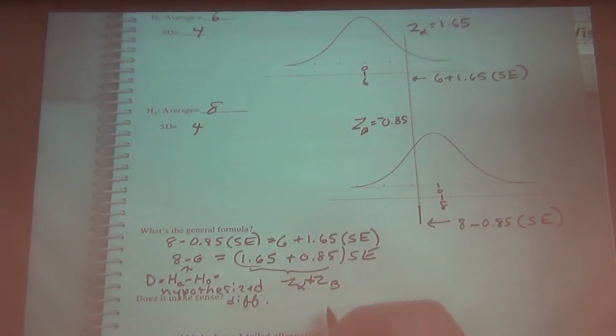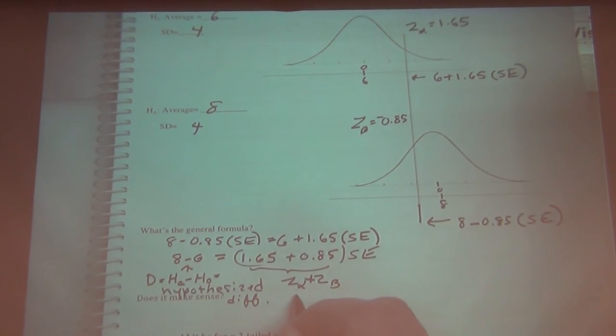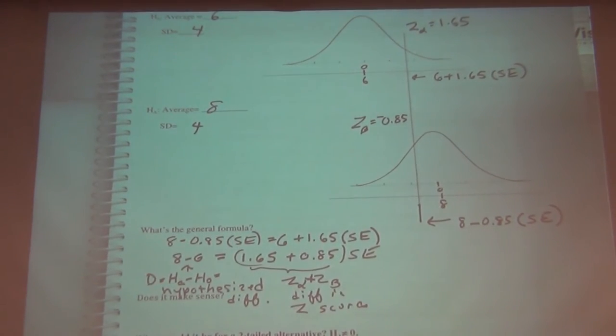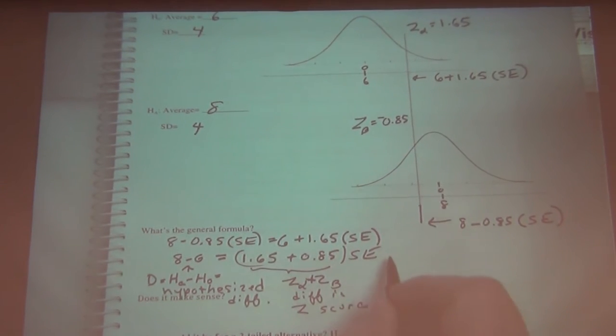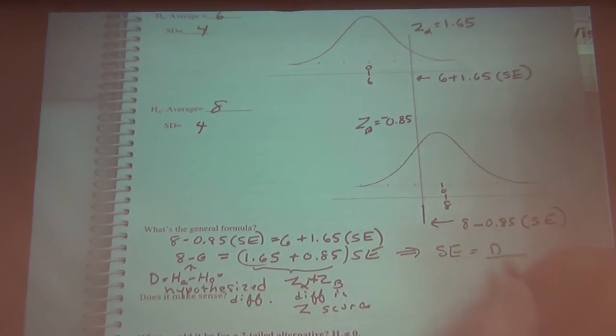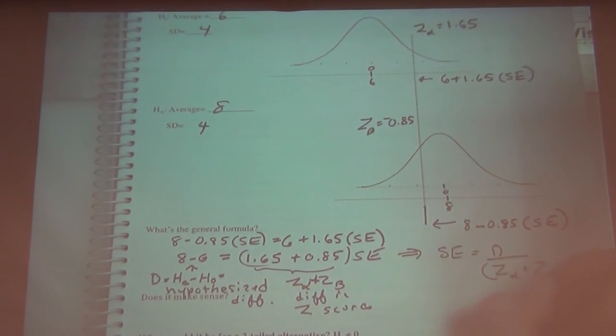So this is our hypothesized difference, and this is our difference in z-scores. And there's our standard error. That's our conversion factor, the standard error. Does that make sense? Does that help? So then we can say the standard error is just our difference, D, over Z alpha plus Z beta.